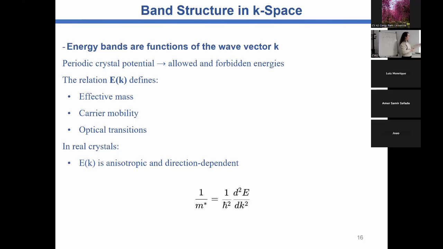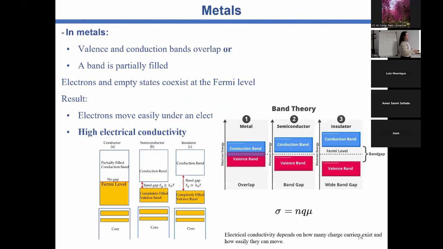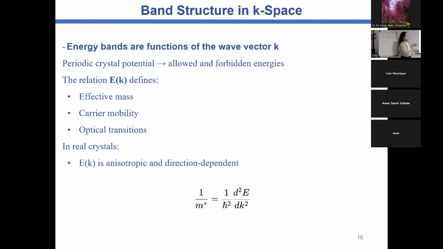So we saw in the density of states that the energy is anisotropic, which means that here there is one shape, and here there is another kind of shape, because here is the valence and conduction band, and the effective mass of the electron is different from the hole, and the mobility is also different.